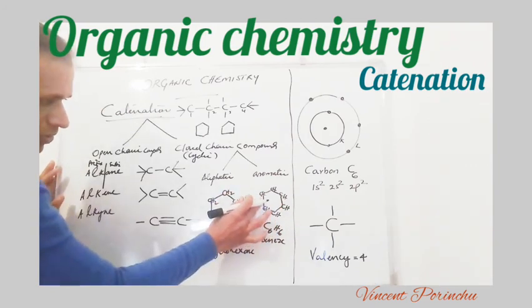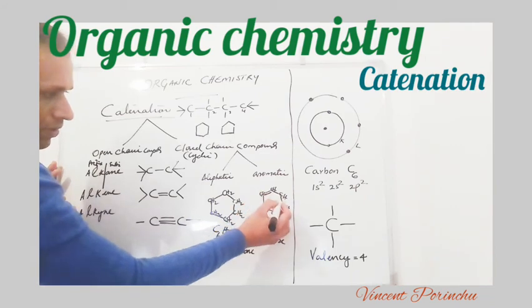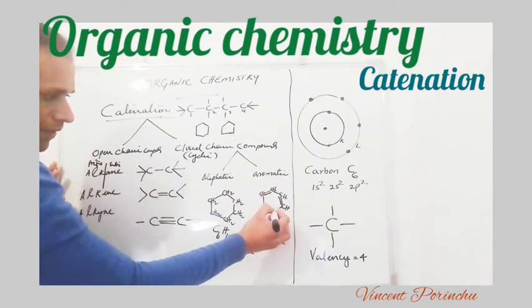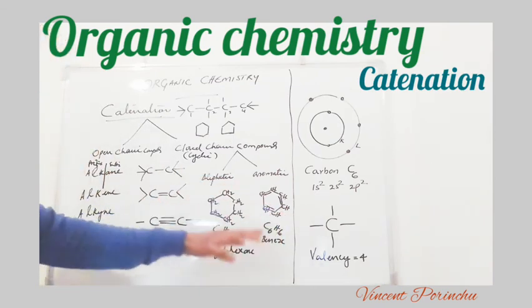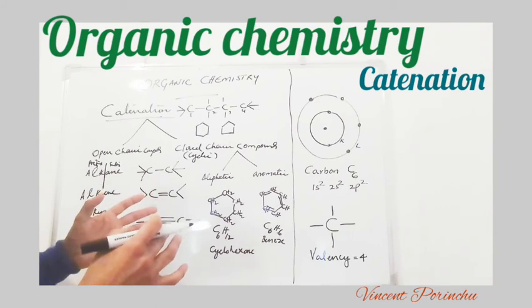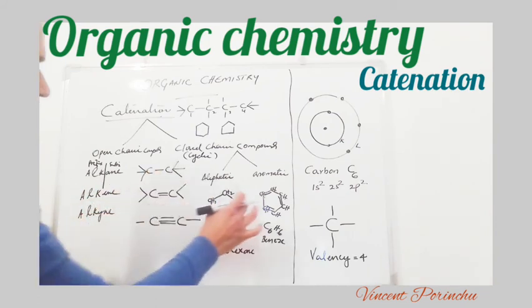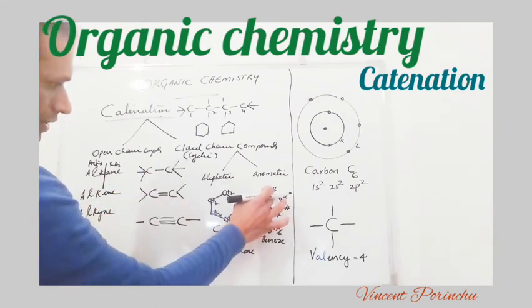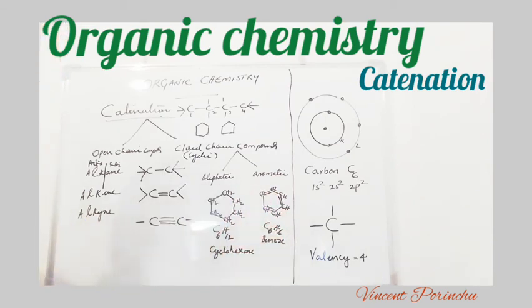If it is a sigma bond here, the next one will be a double bond, next a sigma bond, then a double bond, and this one will be a double bond. So in benzene, the carbon-carbon bonds are alternating single, double, single, double, single, double bonds. These all we will discuss at a later stage.